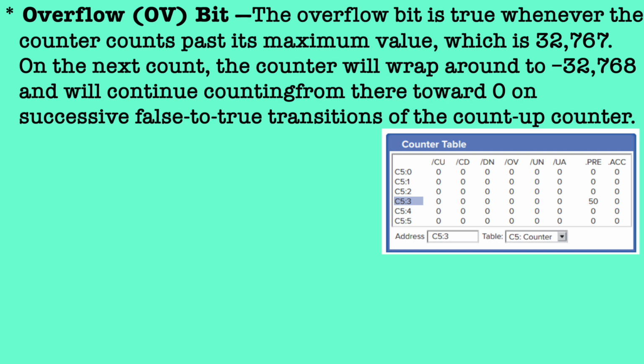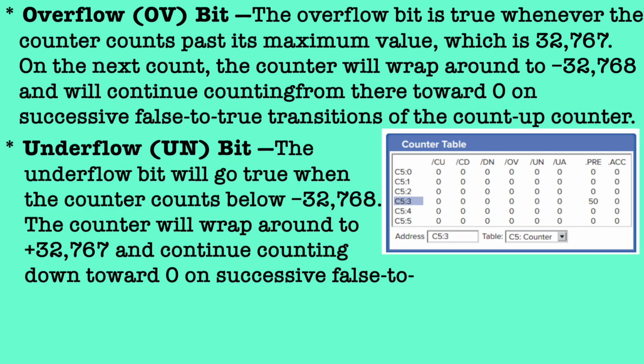On the next count, the counter will wrap around to minus 32,768 and will continue counting from there towards 0 on successive false to true transitions of the count up counter.